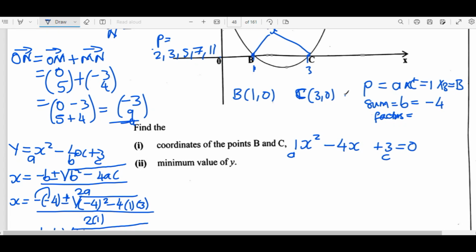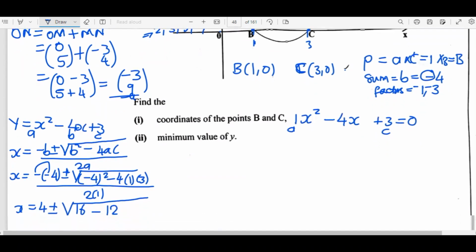So if the product is 2, then the factors are 1 and 2; 3, 1 and 3; 5, 1 and 5; 7, 1 and 7. So in our case, the factors will be 1 and 3. Now since the sum is negative, we just assign the negative. So negative 1 plus negative 3, we get negative 4 as required.